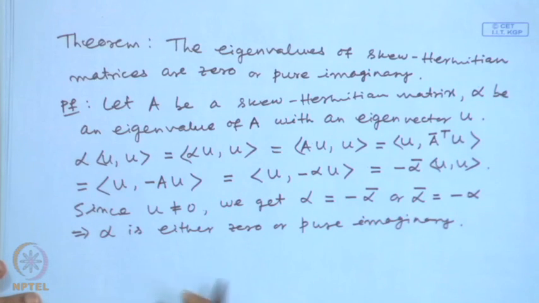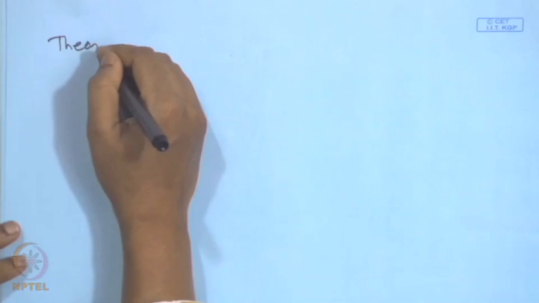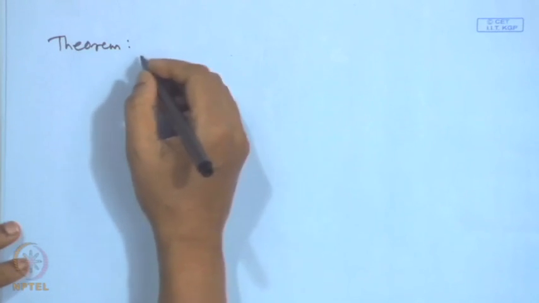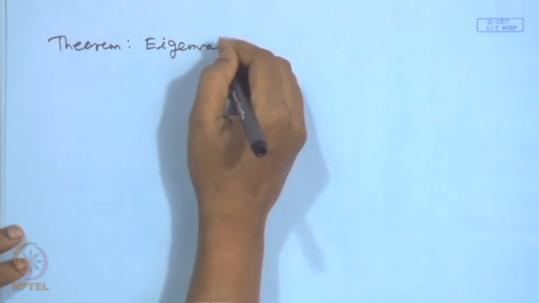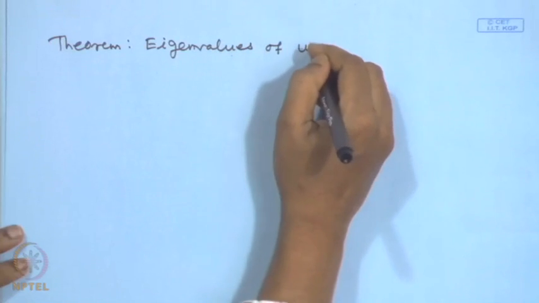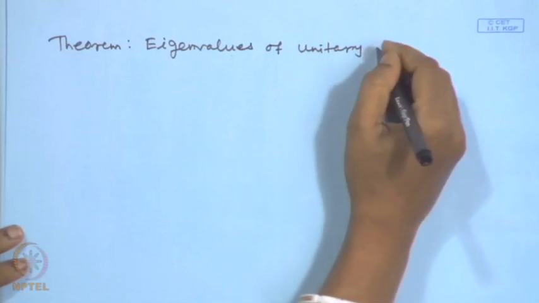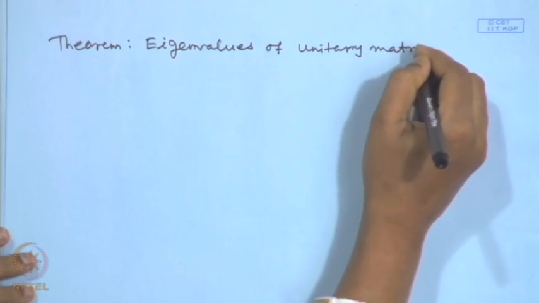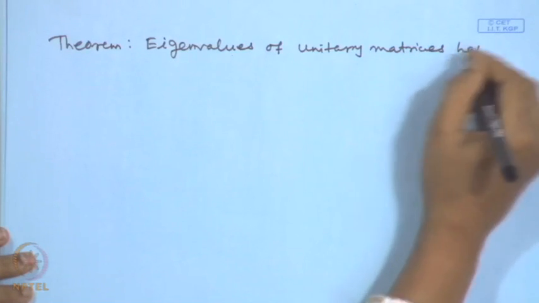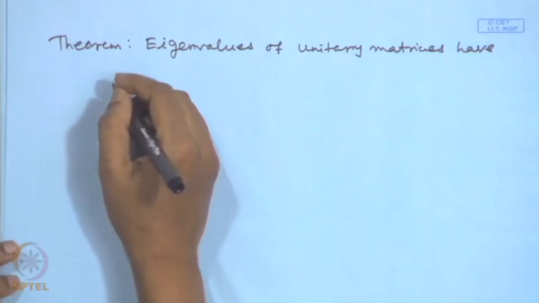So, next we shall discuss the nature of eigenvalues of unitary matrices. Again we write it as a result: eigenvalues of unitary matrices have absolute value 1.